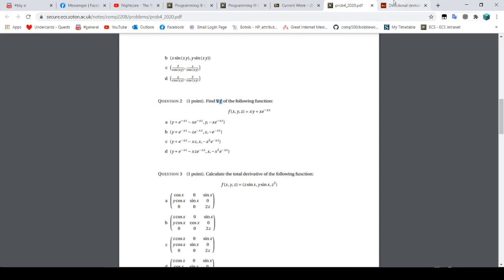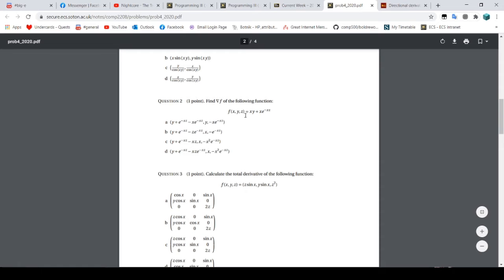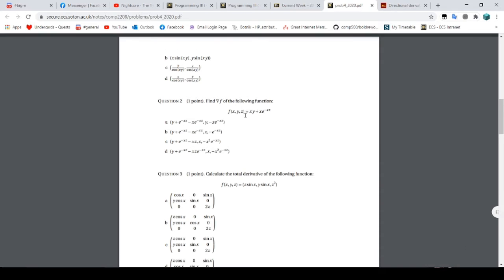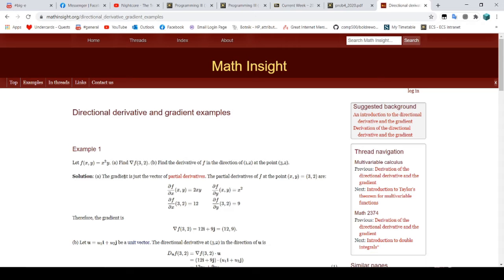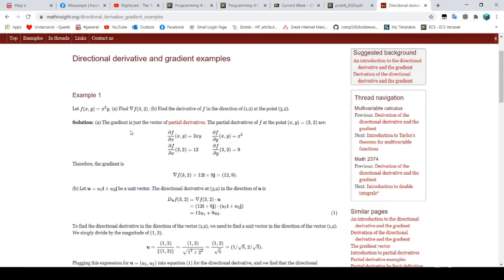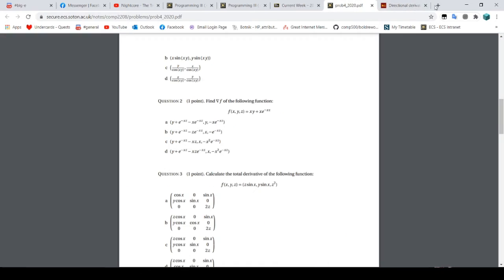Wait, what are we meant to be doing? Okay. The gradient, just the vector of partial derivative. I said it with. Oh! Didn't I say? I did say, didn't I? I said it'd be the same thing again.